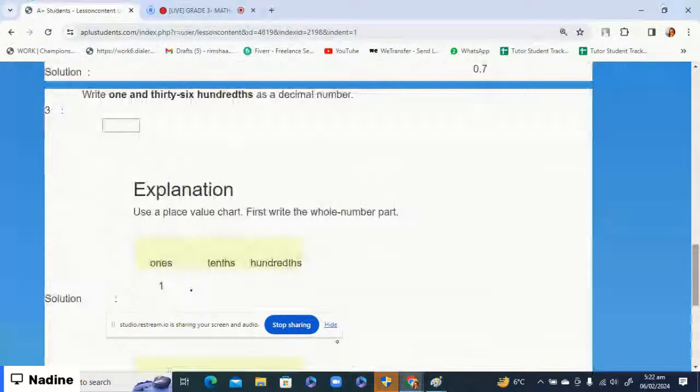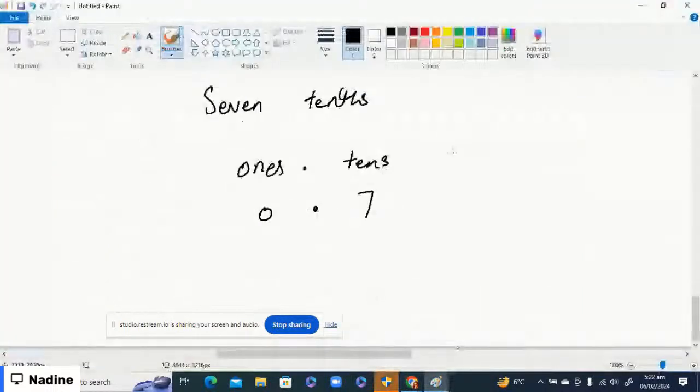Okay, 1 and 36 hundredths. Again the same thing, the ones, tenths and hundredths places are involved. So this is 1.36.